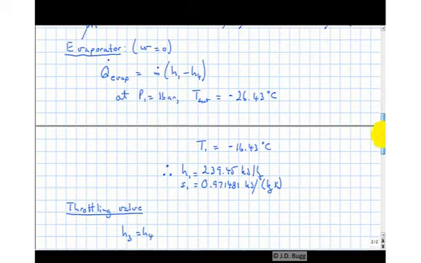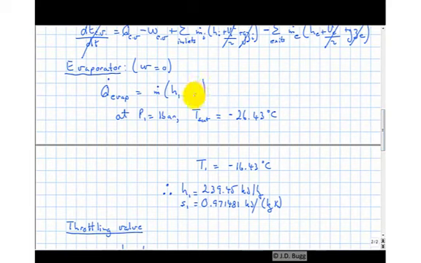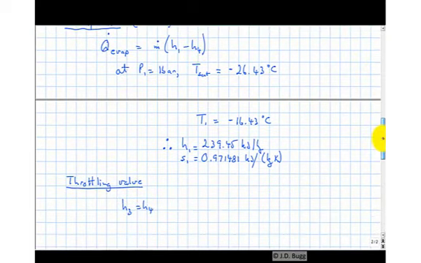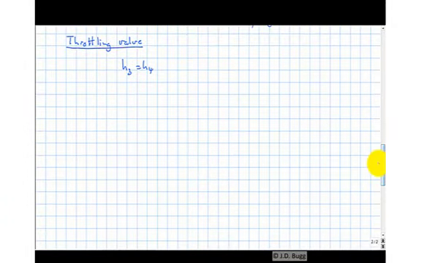Well, the reason that's important to us is we're looking for H4 in order to complete this calculation. So that means we can figure out what H4 is by looking at point 3. And at point 3, we know some properties there. P3 is 8 bar.